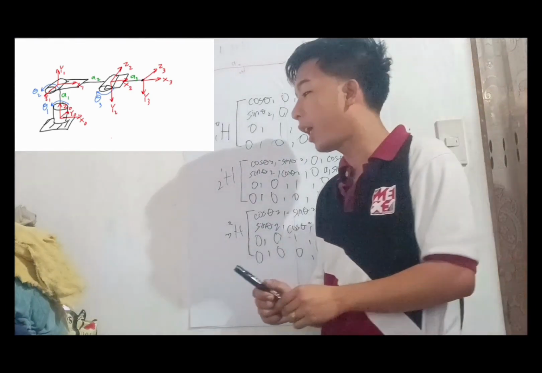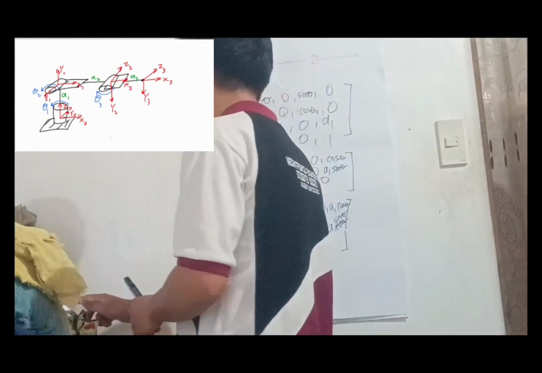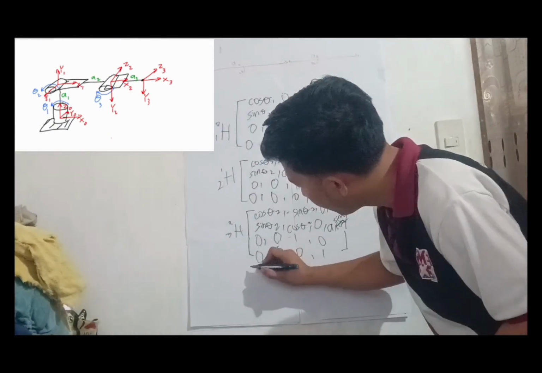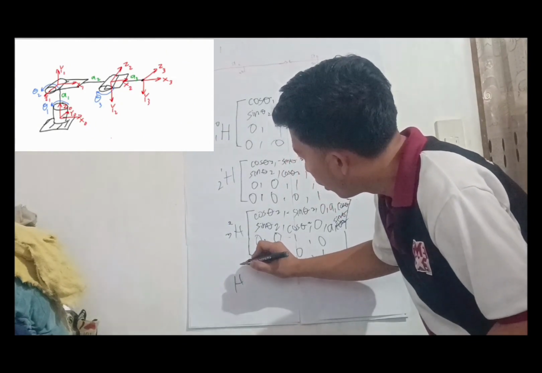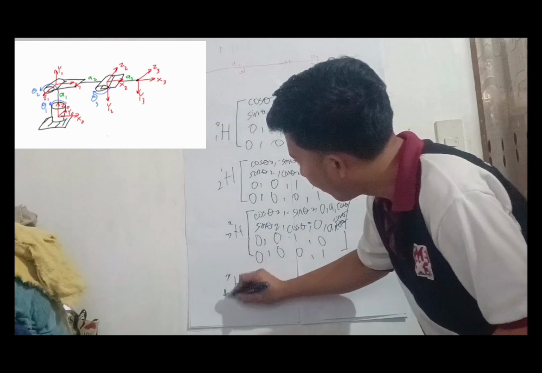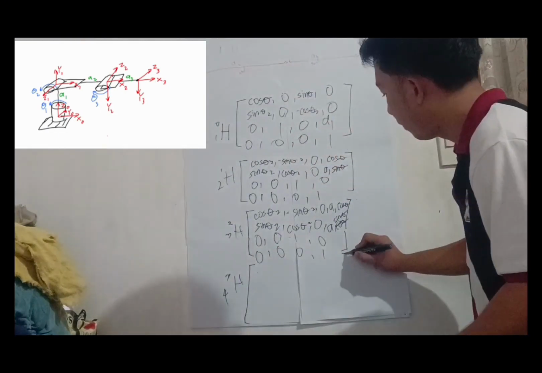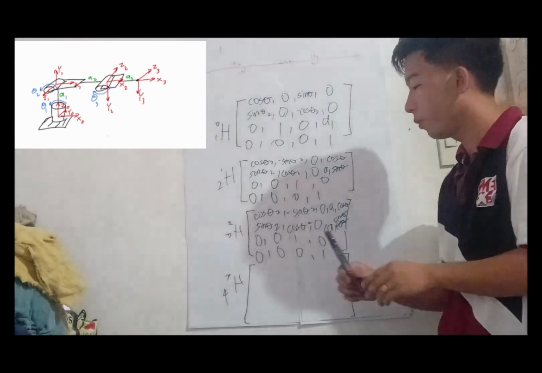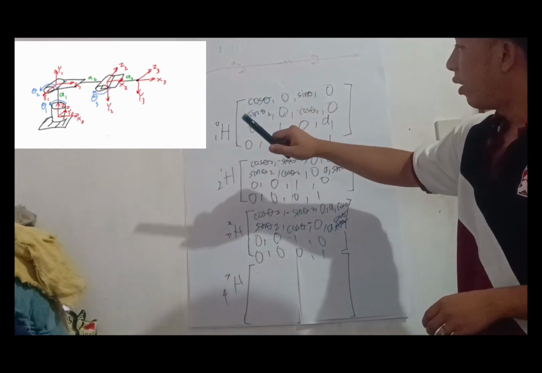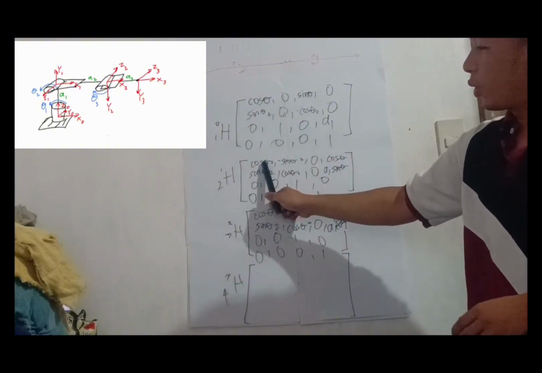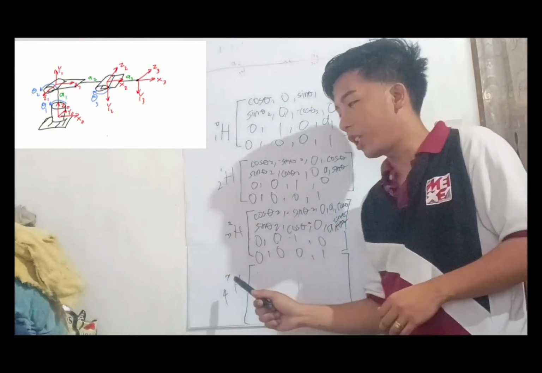So, let's proceed to H03. So this is the product H01, H12, H23. The first column is cosine theta 1 cosine theta 2 cosine theta 3 minus cosine theta 1 sin theta 2 sin theta 3.